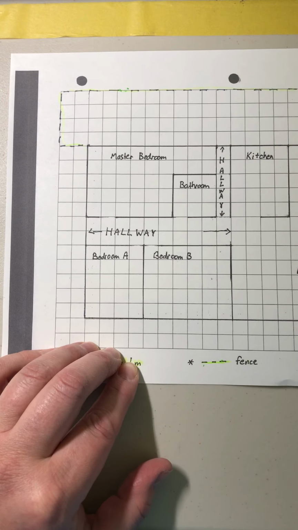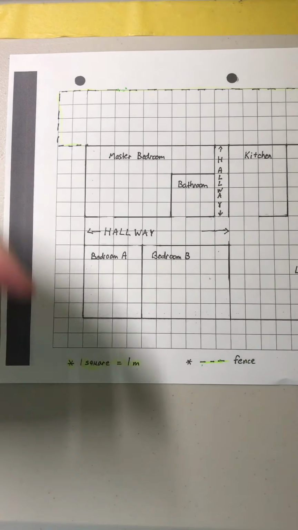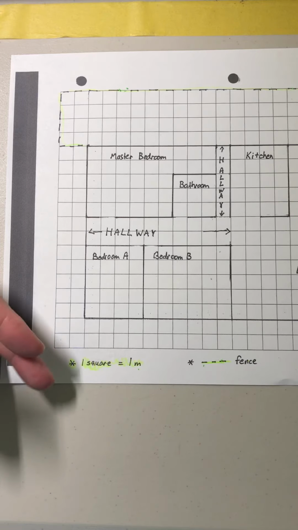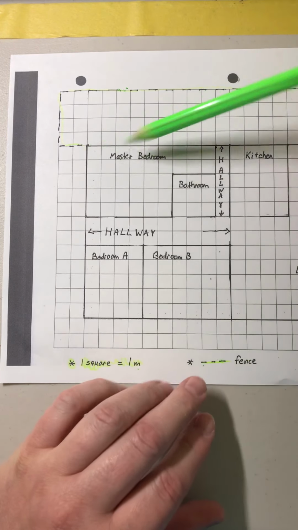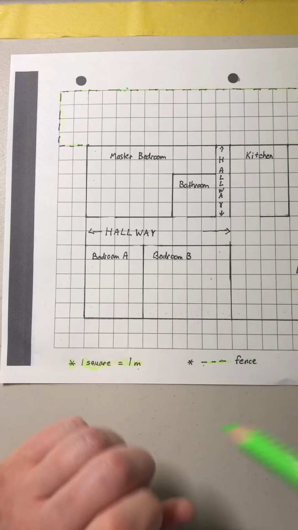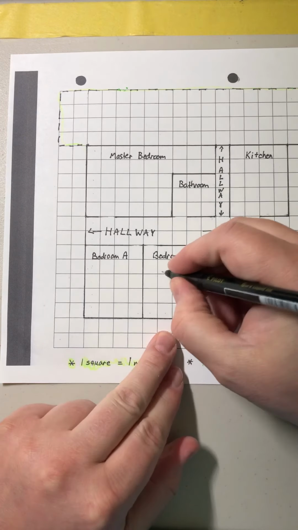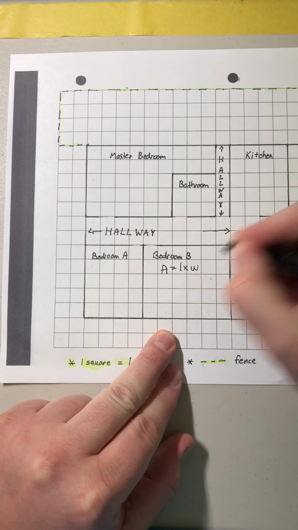And if you remember from previous videos, perimeter is the distance around, but you don't have to count this because that's what the house is for. Okay, so the first thing we'll just look at a bedroom here, and we're going to calculate area. And area is length times width.